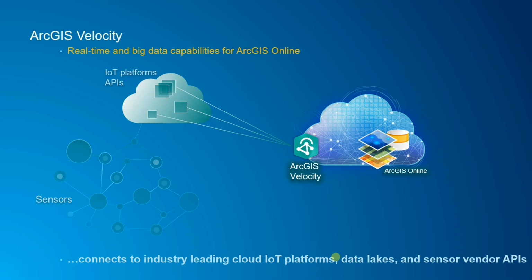ArcGIS Velocity extends Esri's geospatial cloud with real-time and big data functionality. It provides a wide variety of capabilities for ingesting and working with observation and sensor data. You can just configure out-of-the-box connectors to bring in data from IoT platforms and third-party APIs.